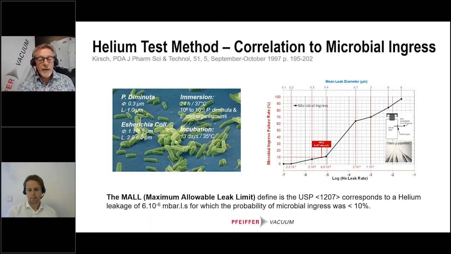Kirsch demonstrates that with these conditions of contamination, the limit for microbial contamination is a sharp edge orifice of 0.2, 0.3 micron. This is the reason why we decided to make this study using glass micropipettes.